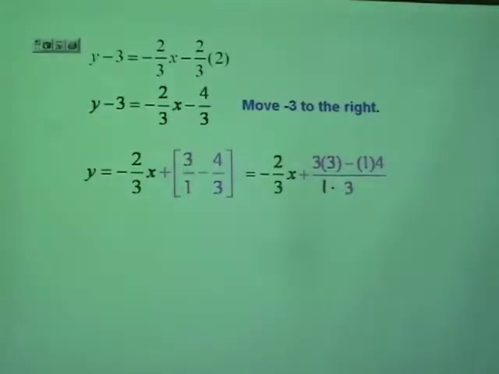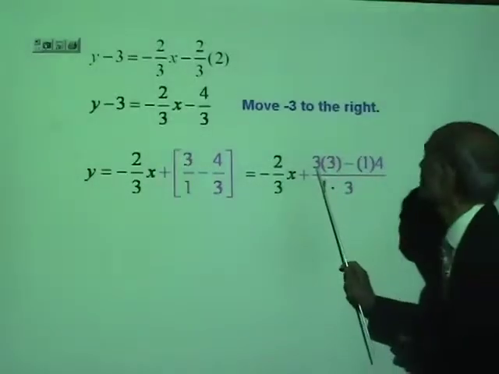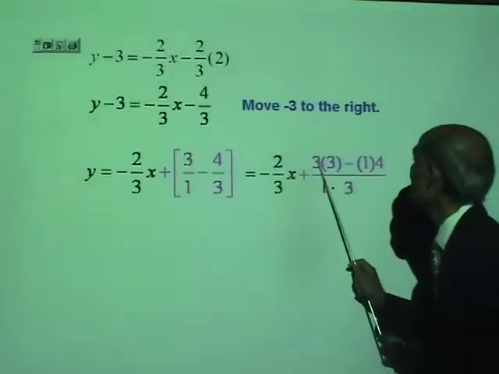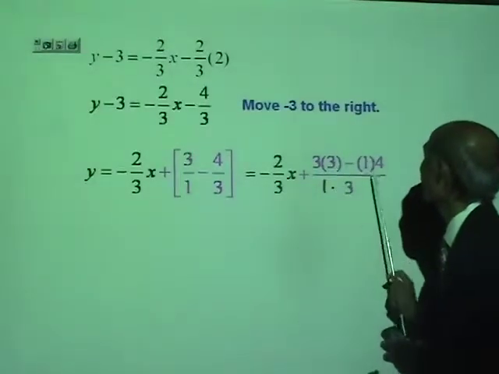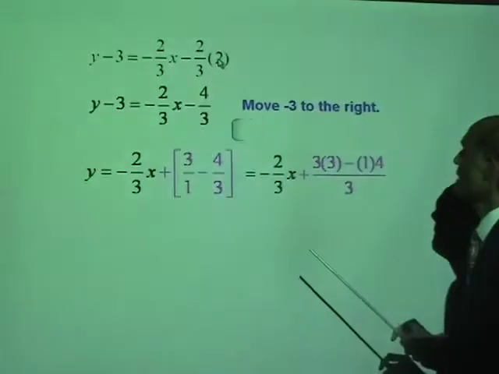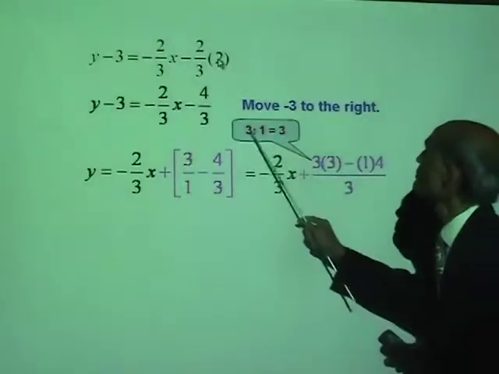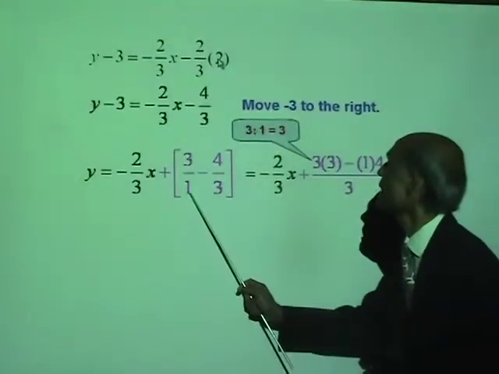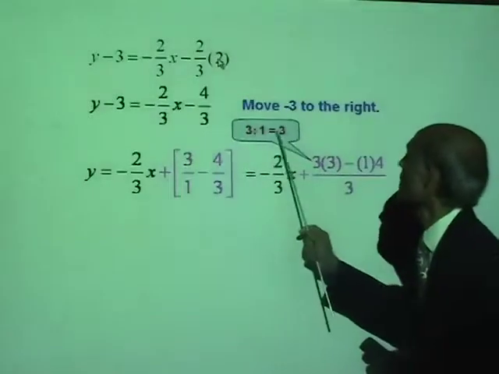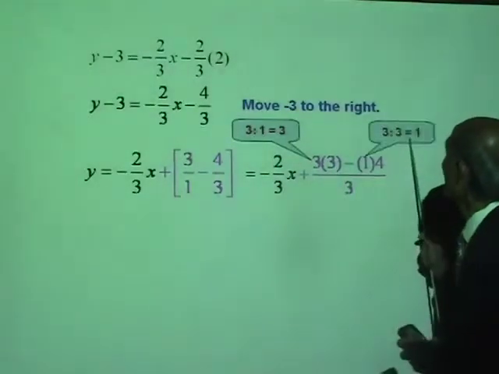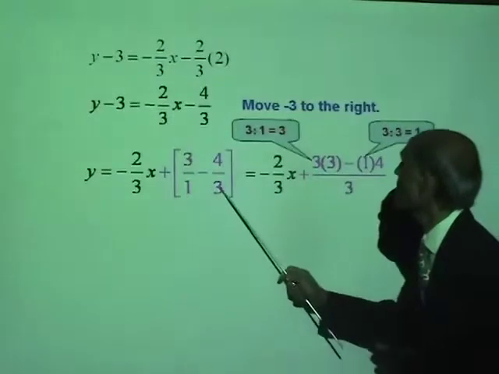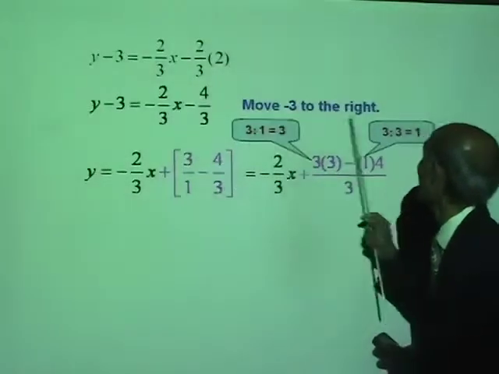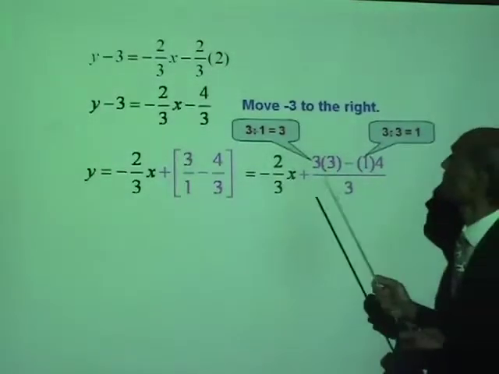Okay, let's look at that again. So simplifying this, what is my numerator? It will be 9 minus 4 divided by 3. So this will be 3 divided by 1 is 3 multiplied here. And this will be 3 divided by 3, that is 1, and multiplied with that 1.